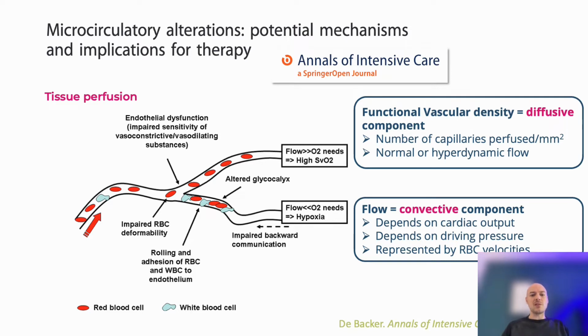The convective component is mainly represented by the flow of red blood cells within the microcirculation and the proportion of perfused vessels, and is therefore determined by the capillary driving pressure, meaning the difference between the pressure at the entry of the microcirculation and at the exit.